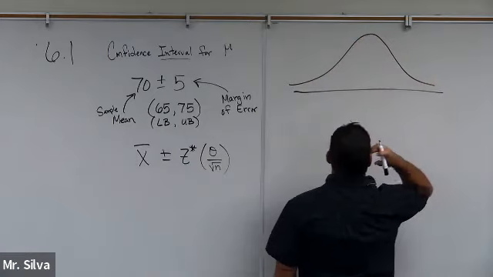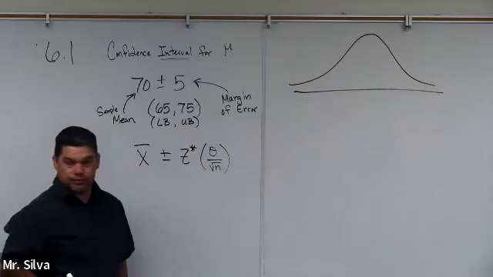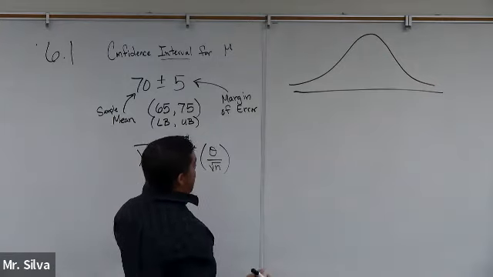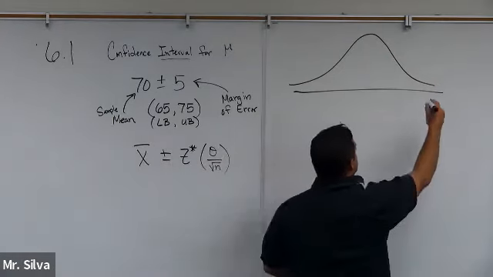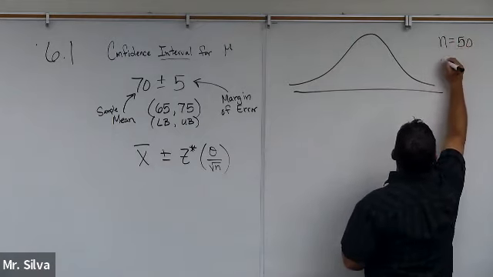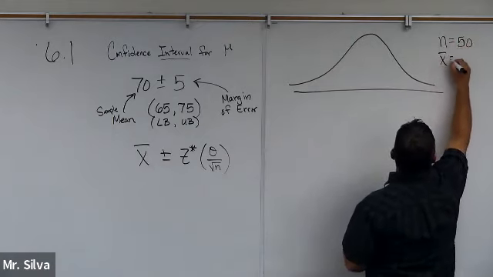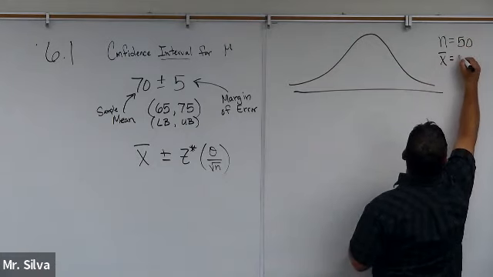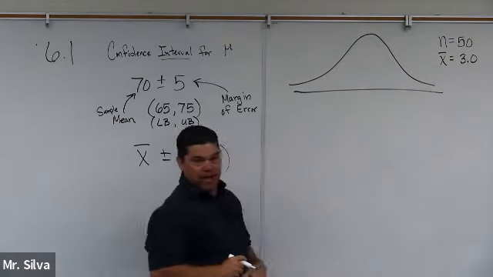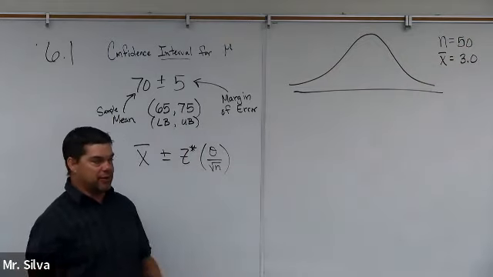I'm going to stick with this idea of the GPA. So if I ask 50 people, so we say n is 50, and the mean of those 50 people's GPAs is 3.0. Okay, that's a pretty good GPA. I randomly picked 50 students in the college.